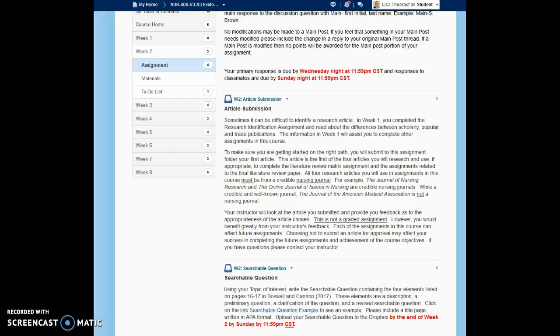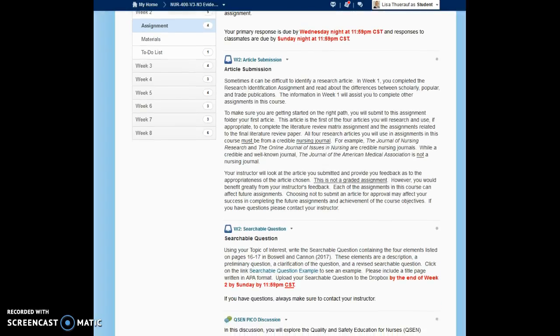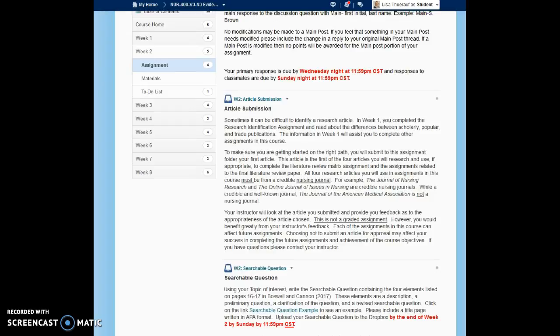Because if you don't put your article in for me to look at and approve, you're hindering yourself in the future assignments. So it is very, very important that you do submit an article. Again, you're not going to be graded on it. However, it will benefit you in the long run. The other thing you will do is the searchable question.